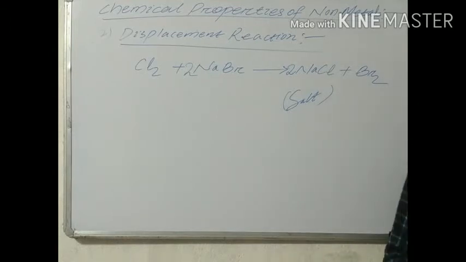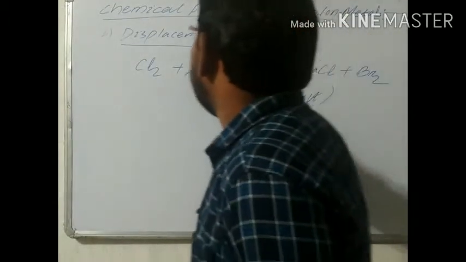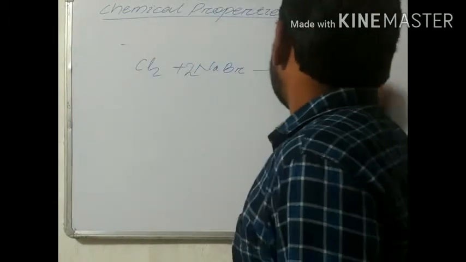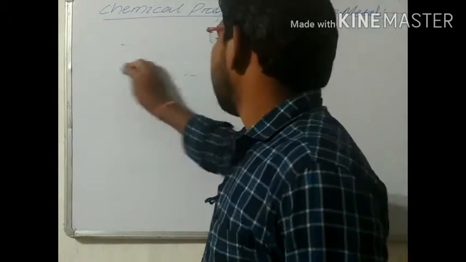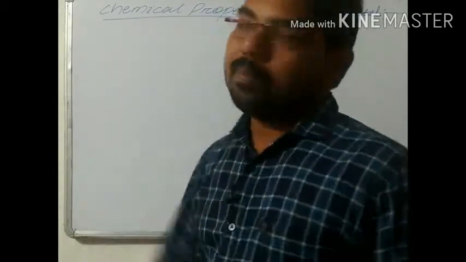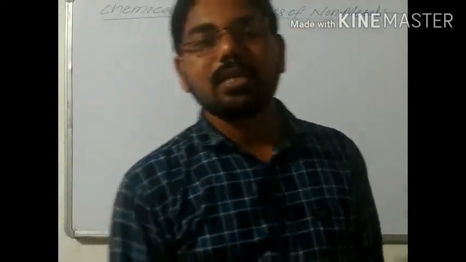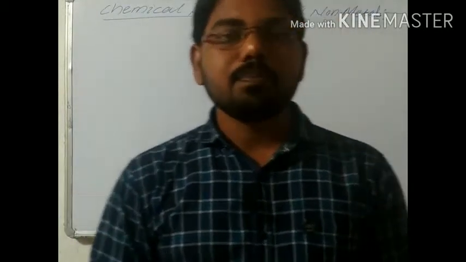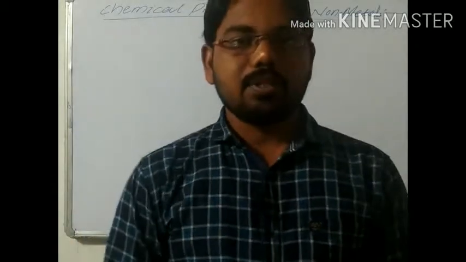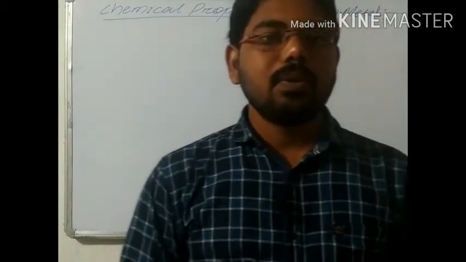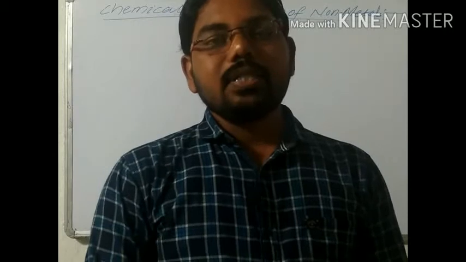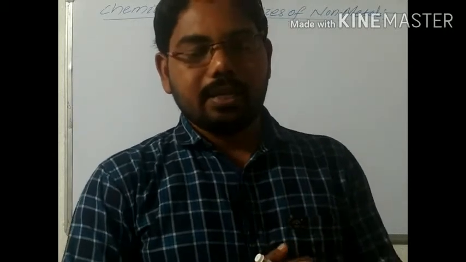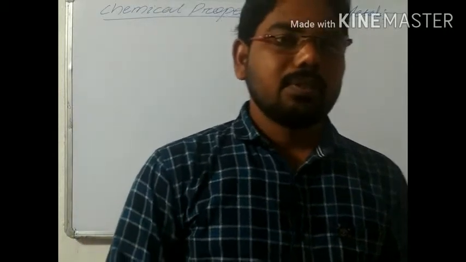Next we discuss another topic, the reaction between metals and non-metals. This is a very important topic. What happens when metals react with non-metals? Mainly the metal forms a positively charged ion, a cation, by the loss of electrons, and the non-metal forms a negatively charged ion, an anion, by gaining electrons.